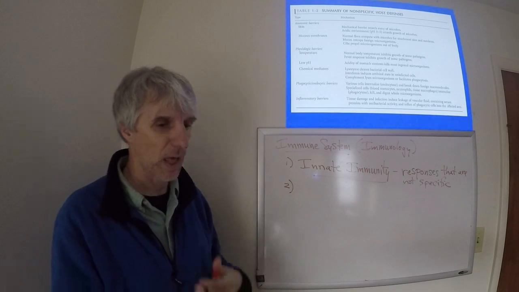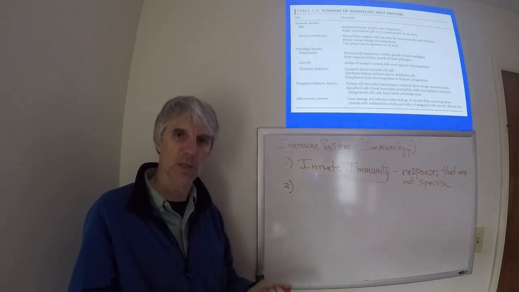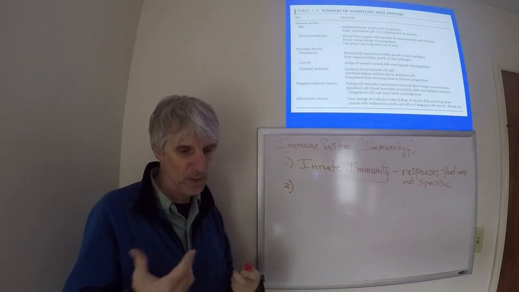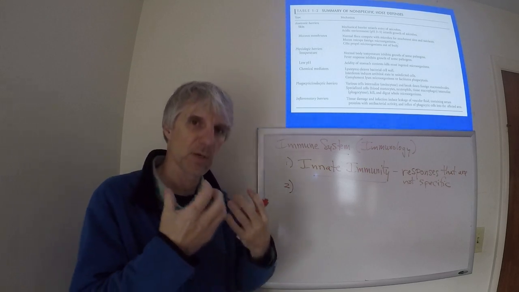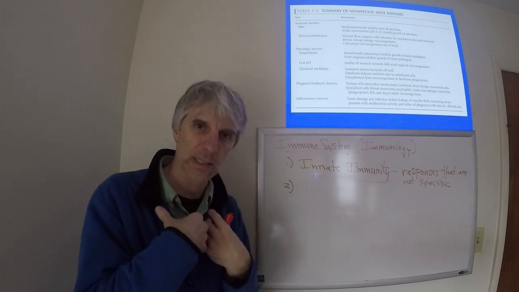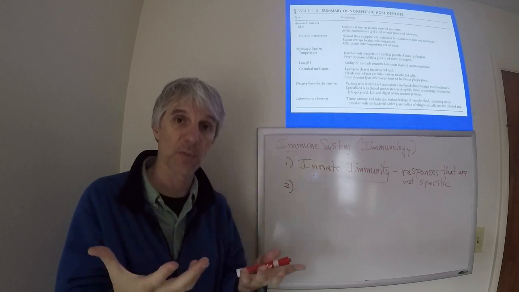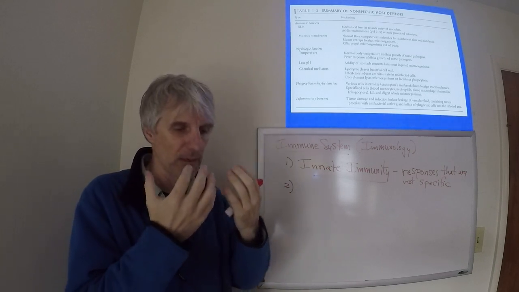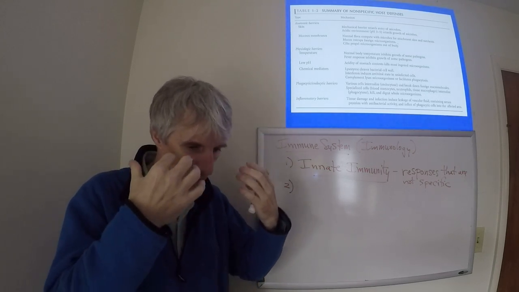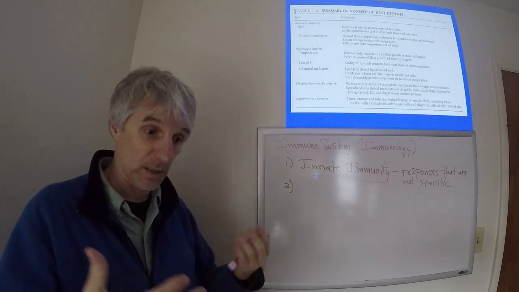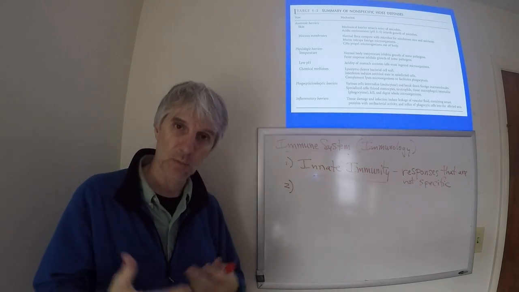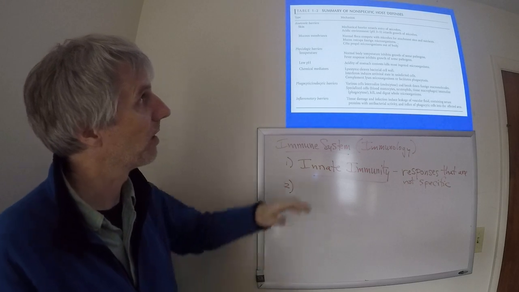We produce a lot of mucus from mucous membranes. These mucous membranes occur at places where there are openings into our body. So the oral cavity opening into the digestive system has a lot of mucosal membranes. The nasal passages going into the lungs have a lot of mucosal membranes. Your anus and rectum would have these membranes as well.